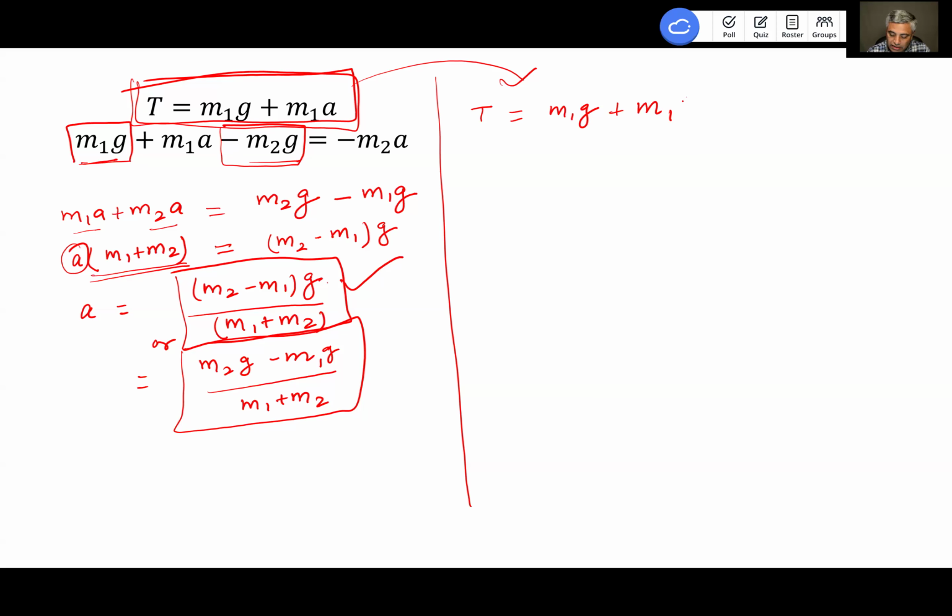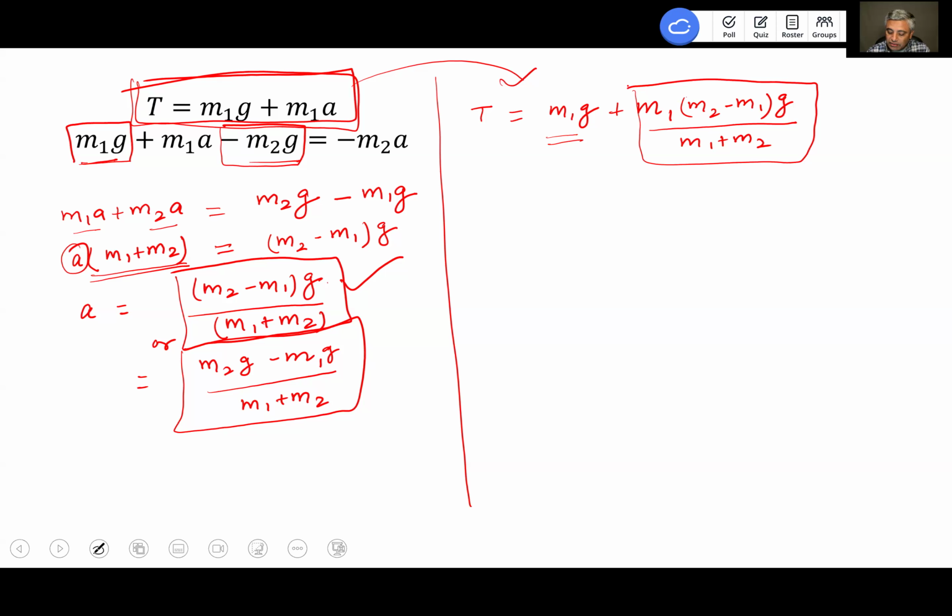So m1, so I have this m2 minus m1 times g in the numerator, and then m1 plus m2 in the denominator. So now I have one term here, another somewhat complicated term over there. So this is two terms. Yes, it looks a bit complicated, but it is nothing more than, let's say, adding 2 plus 2 divided by 4, something like that in arithmetic, right?